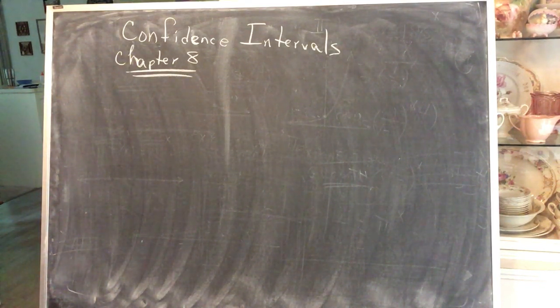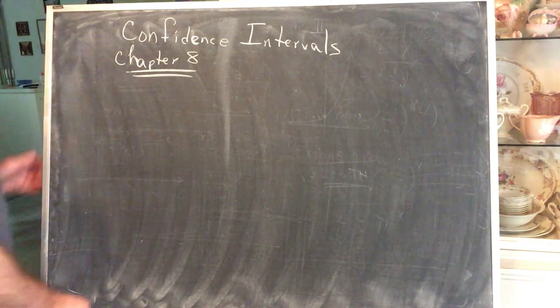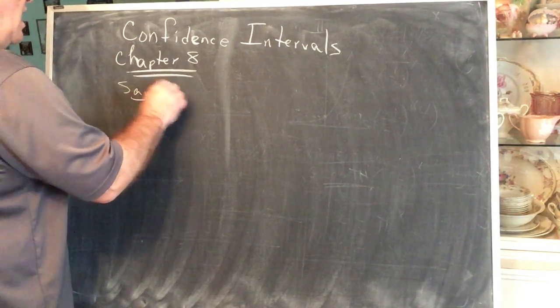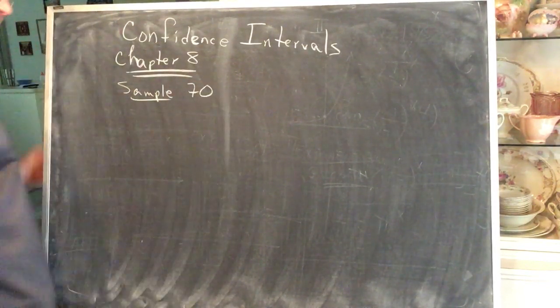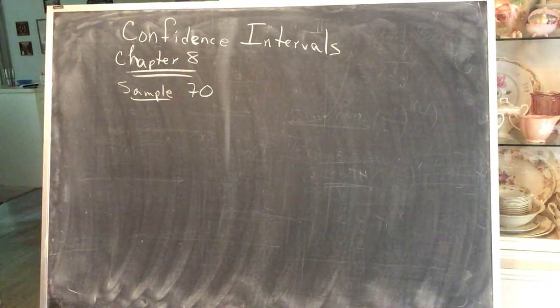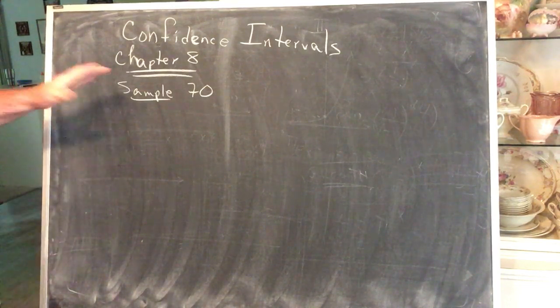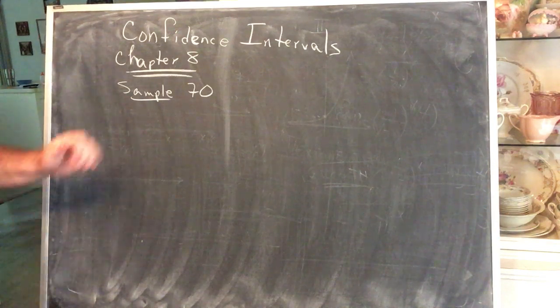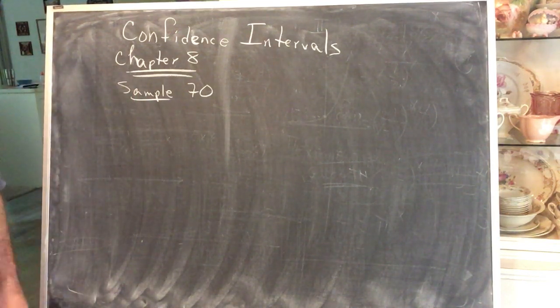Now, let's suppose that we take a random sample. Suppose we take a sample of, let's say, 70 of these calves. This is a sufficiently large sample to meet the requirements of the central limit theorem.